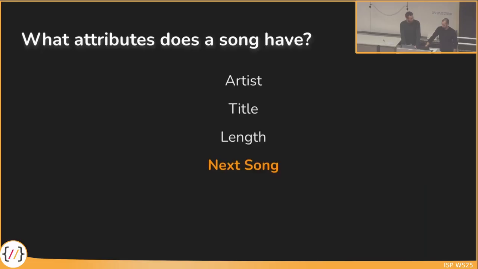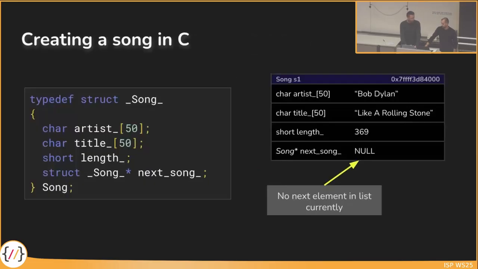And how could we implement this reference? We could use pointers. Yeah, and what is the next song? The next song is again a struct, right? So it's just again another such element of this struct.